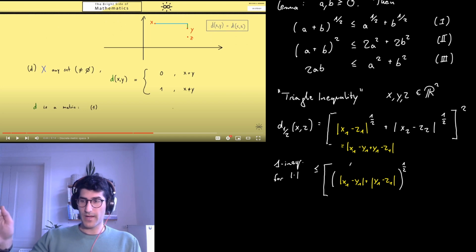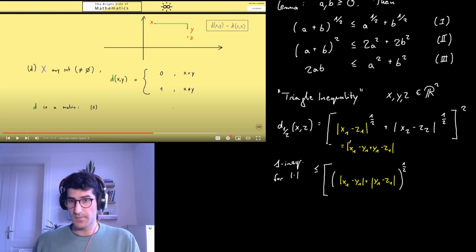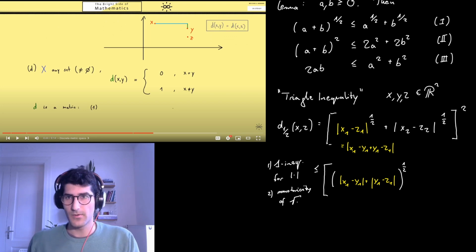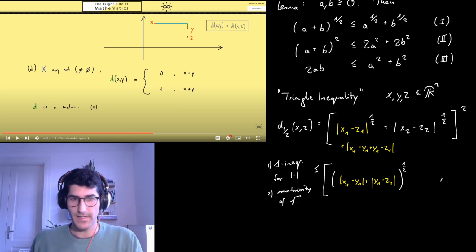This is a square root function. The square root is strictly increasing. This means if my argument gets bigger, also the function value gets bigger. So this is the second thing that we use here. So we use the triangle inequality and then monotonicity of the square root. All right, so we do the same for the second part here.